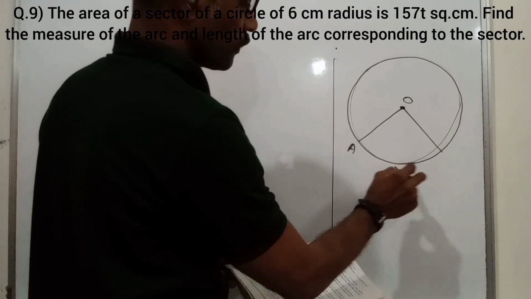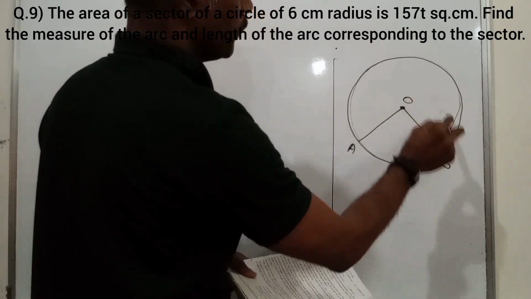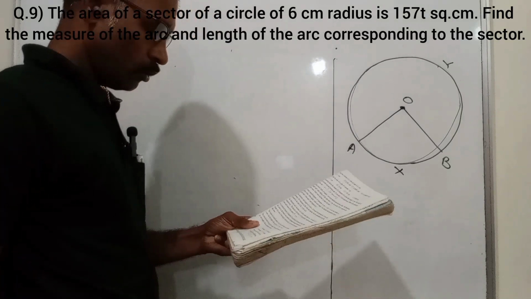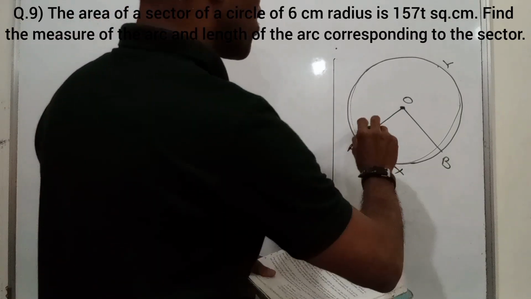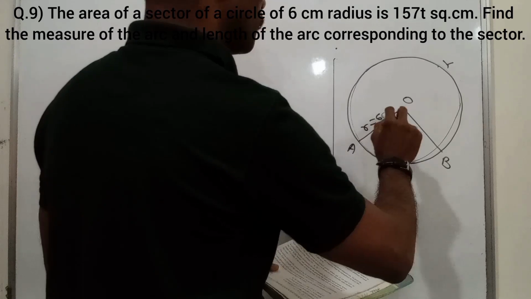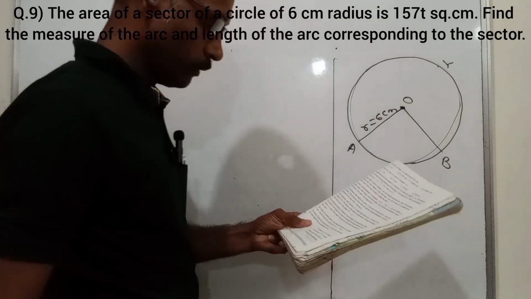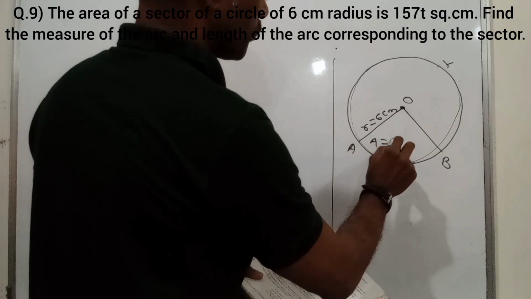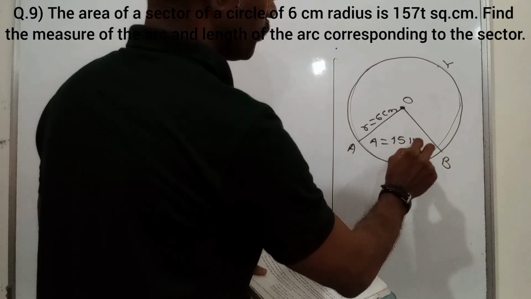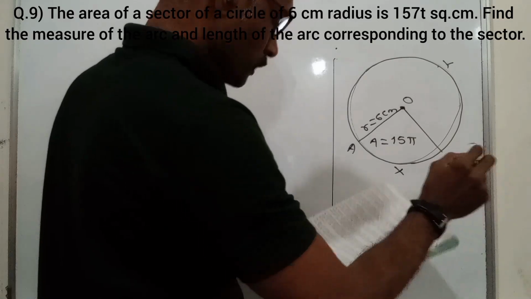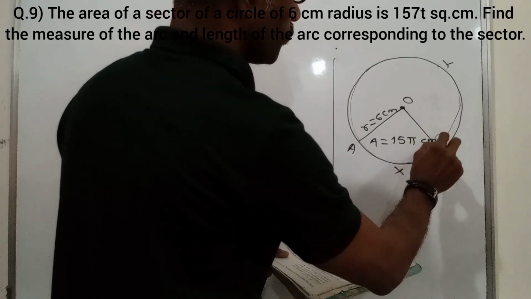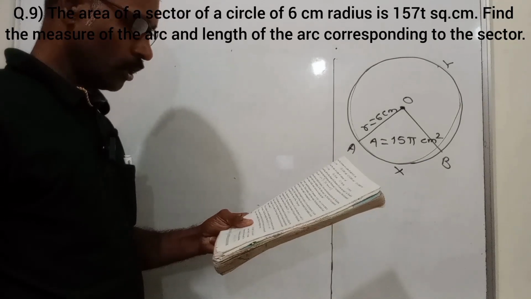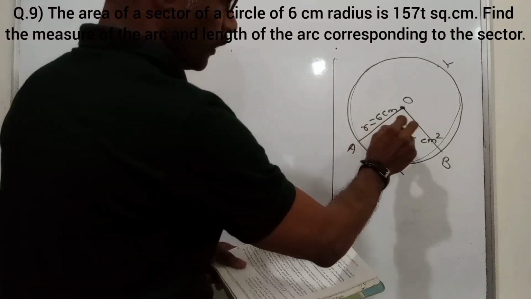Suppose O dash AXB, and here we take major sector. The radius is 6 centimeter and area of this sector is 15 pi square centimeter. I will write here centimeter square. Find the measure of the arc, means theta.